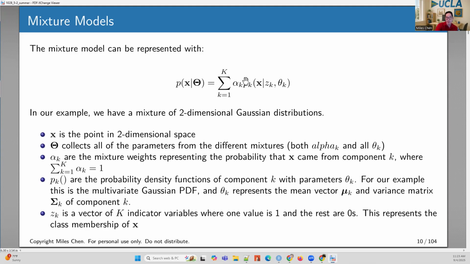Alpha is going to be the mixing weights for each of the different components. P is the PDF, the density function for each of these different things. And Z is going to be a 1 or a 0, indicating whether a value belongs to a certain component or not. And that's what we have here.